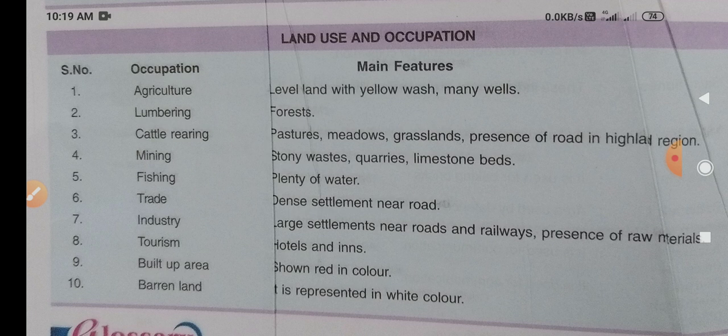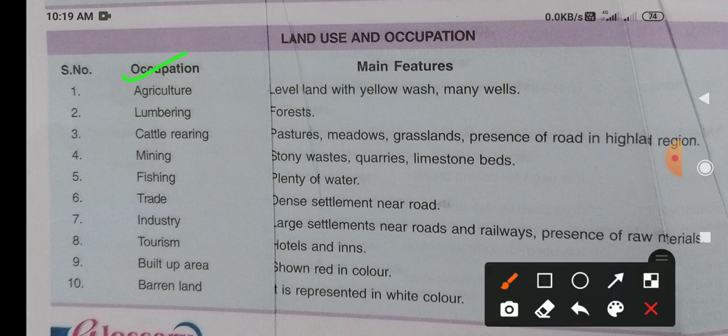You see, the occupation is given on this side, and the main feature of the land is given here. Agriculture will be practiced on level land with yellow bars and many wells. All these are the signs and symbols or the identification marks for the agriculture occupation. And for lumbering, lumbering means wood cutting.